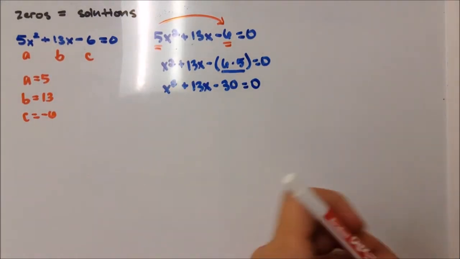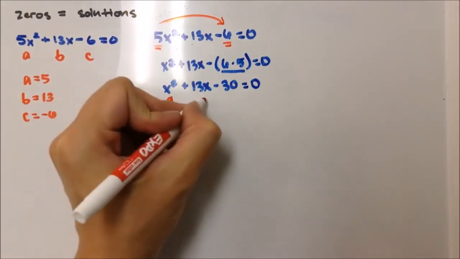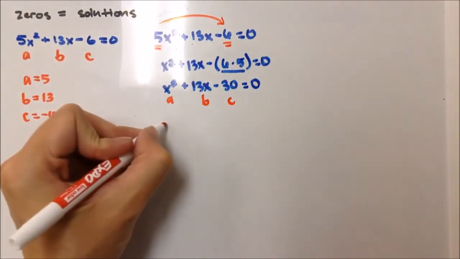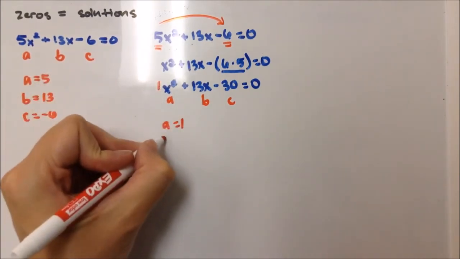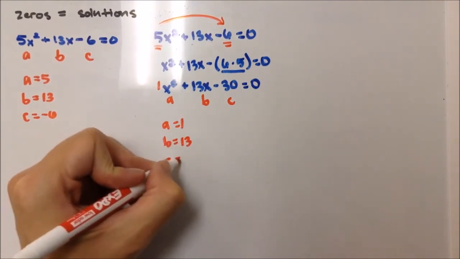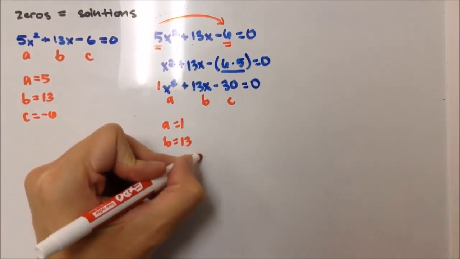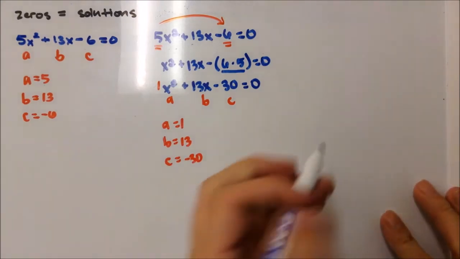Alright, after we slid, we're going to do ABC again. So now A is that invisible 1 right here, B is 13, and C is negative 30. Alright, now A is finally 1, so we can do that chart to continue our factoring.